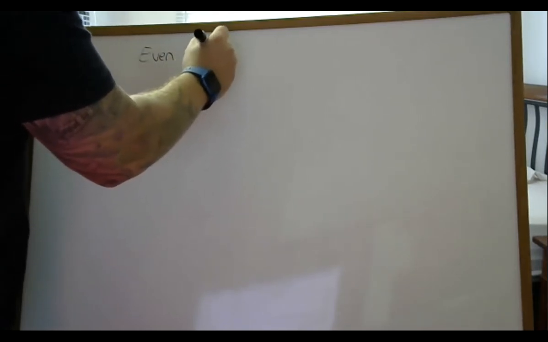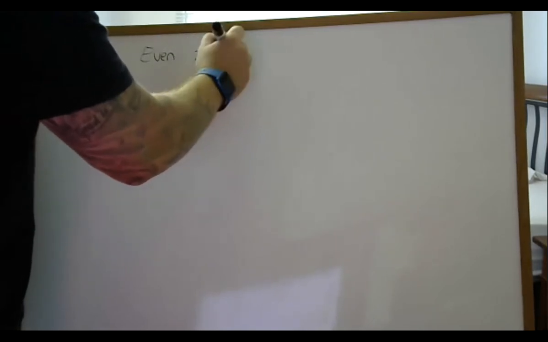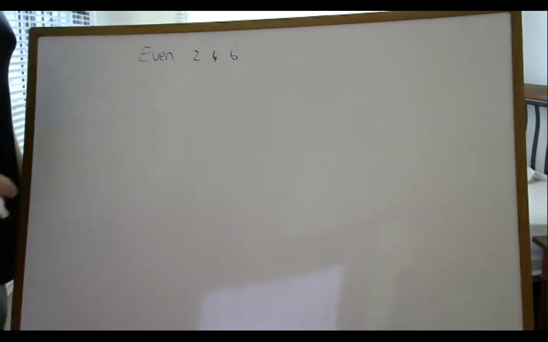I will go through this on the board. So Izzy, you are correct. It is 100%. I just wanted to explain to everyone how to get to that. So we're talking about favorable outcomes. So for even, we have 2, 4, 6.